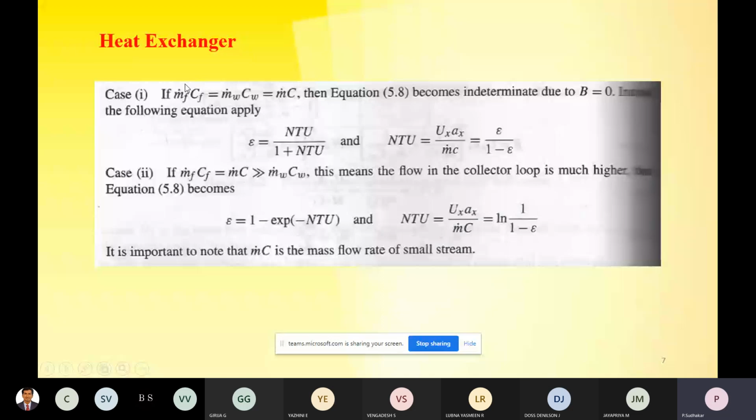When the heat capacity of the hot fluid is equal to the heat capacity of the cold fluid, B equals 0, so NTU equals UxAx by m dot C, and effectiveness will be NTU by 1 plus NTU. For case 2, when the heat capacity of the hot fluid is greater than the heat capacity of the cold fluid, the effectiveness and NTU will be termed like this.